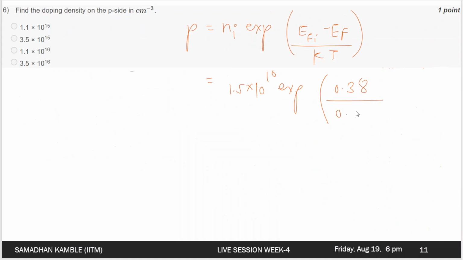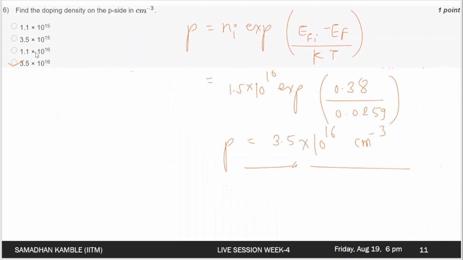Also substituting the value of kT in electron volt, 0.0259, we get the doping density on the P side as 3.5 times 10 to the power 16 per centimeter cube. So the answer is D.